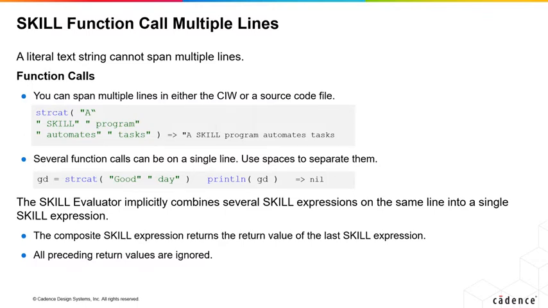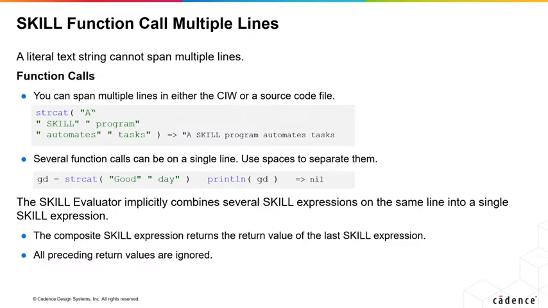We are specifying multiple lines of input parameters and then completing the command with the closing parenthesis. So as you enter this in the CIW, for example, you would enter strcat, then a skill program on the next line, and then automates tasks on the following line, and when you finally hit the closing parenthesis, it would then execute the strcat command.